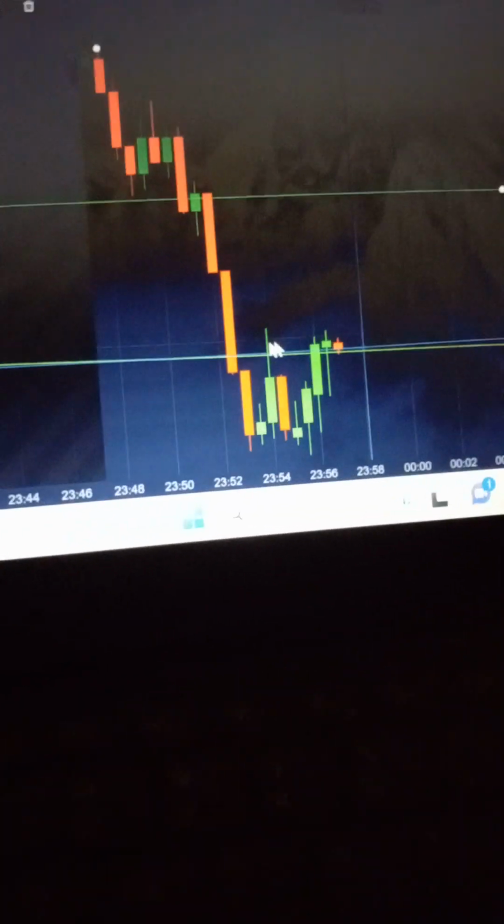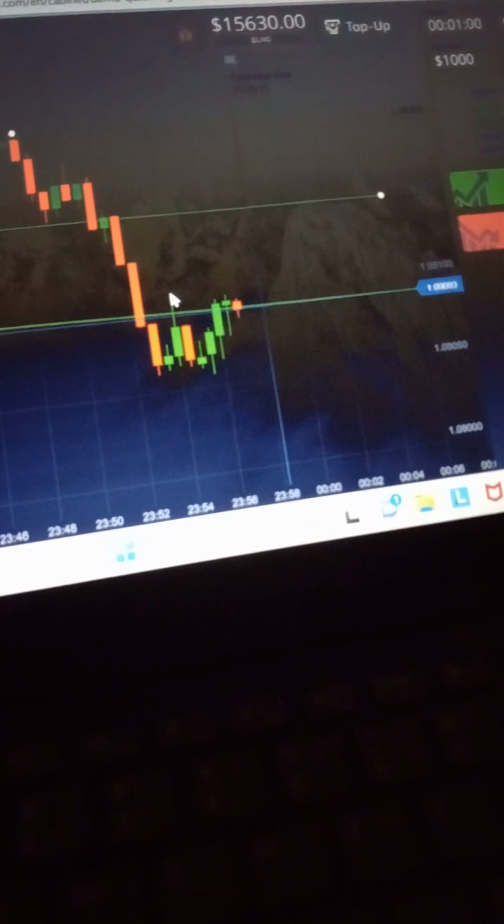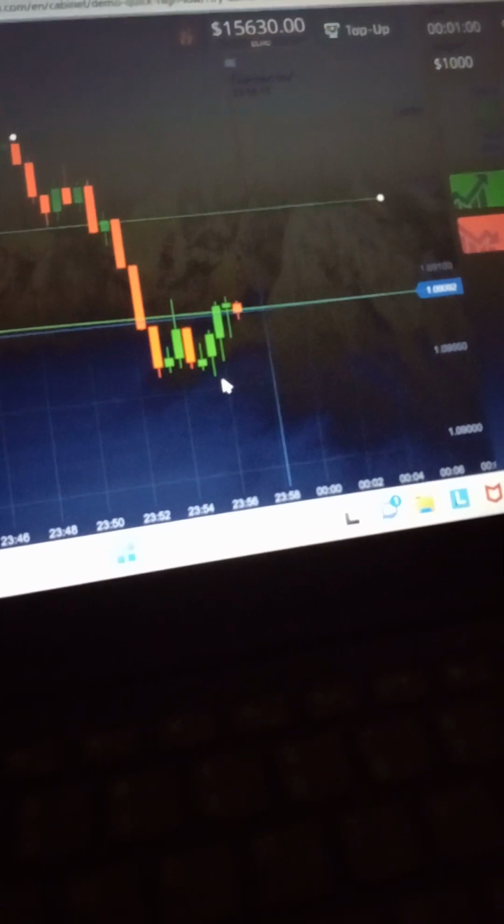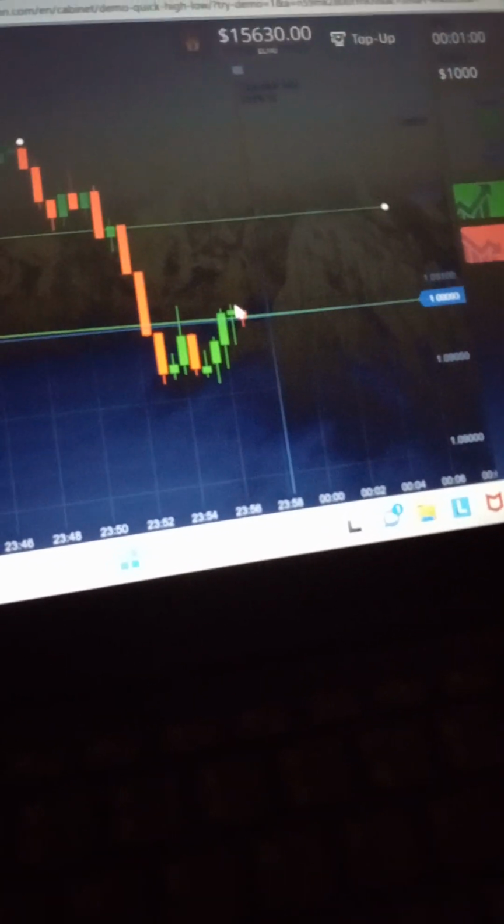This is a false breakout, because when you look at the 30-second time frame, you see a low, you see a high, you see an equal low, you see an equal high.